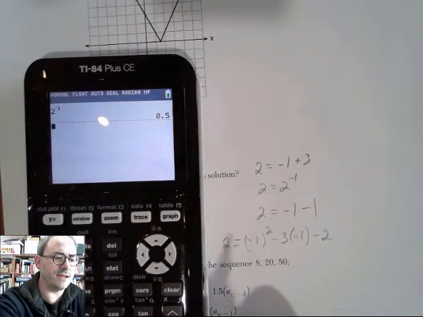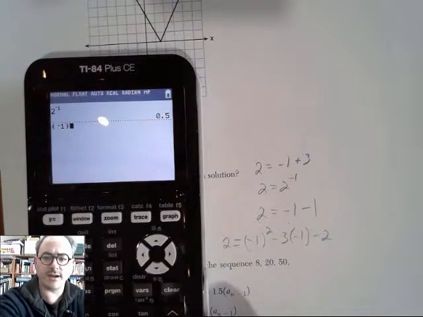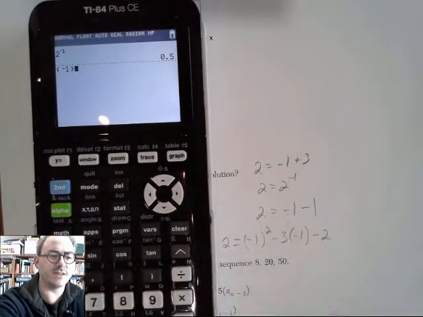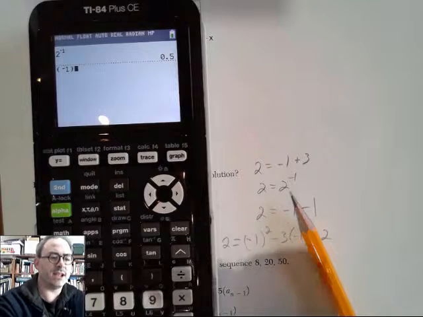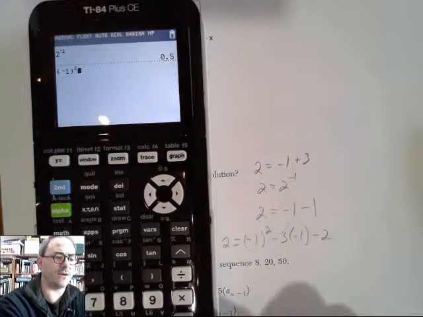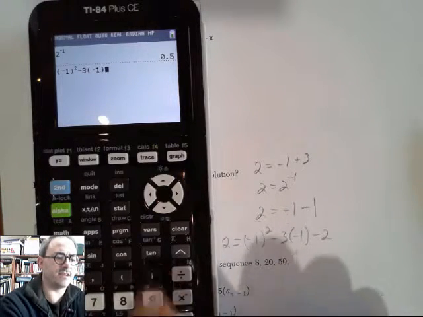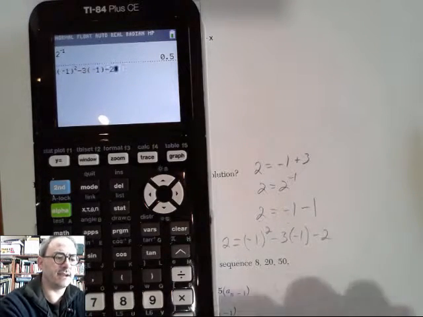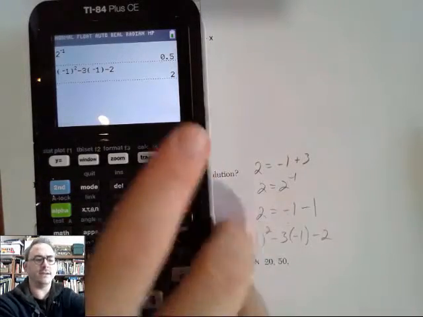I recommend using these parentheses, -1 squared. Make sure you can see all the buttons I'm pressing. So I put -1 in parentheses. It's important to put your negatives in parentheses. Squared, I press the x to the second power button, minus 3 times -1 minus 2. I'm going to press enter and see if this equals 2. It does equal 2. All right.